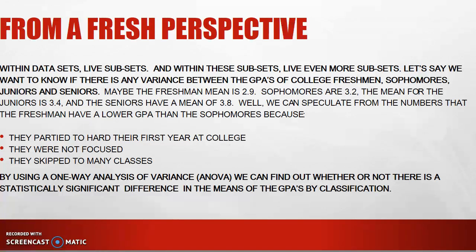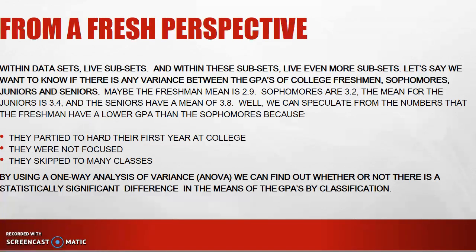By performing the ANOVA within each group, you would be able to determine the mean, or the average, of all of the people within those groups. And then by looking at those subsets of numbers, you could perhaps determine that the freshman mean is 2.9, and that's the lowest of all the GPAs in the groups.